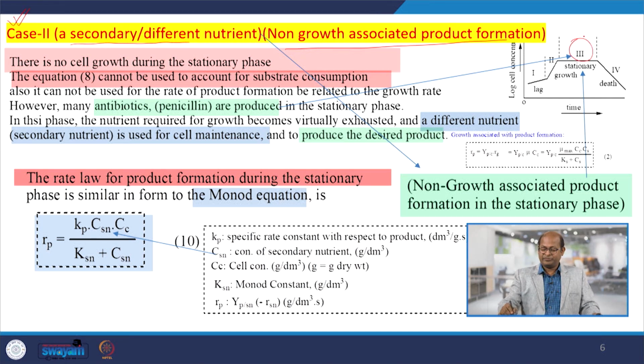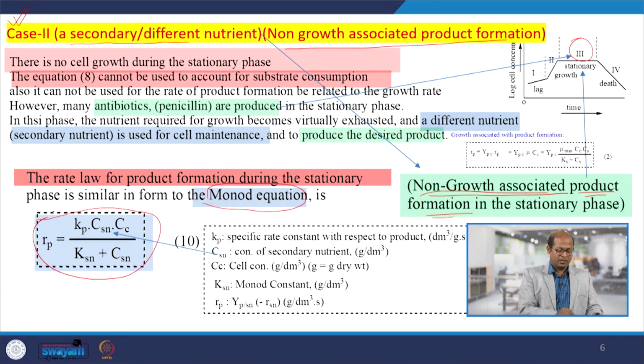Case 2 is secondary, non-growth associated product formation. In the stationary phase, new cell formation is not there, only product formation. Any substrate consumption is due to cell maintenance as well as product formation. This is non-growth associated, meaning no cell formation, only product formation in the stationary phase. In this phase 3, we can write the Monod equation this way: Rp equals Kp Csn Cc divided by Ksn plus Csn.